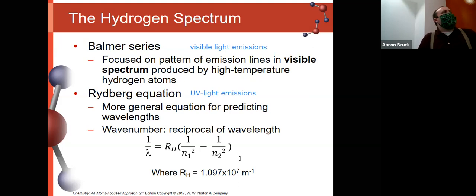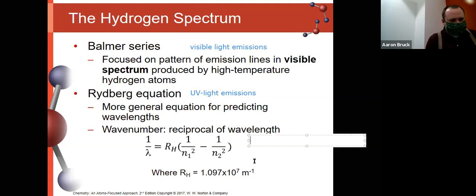Now, in both of these cases, we were able to generate a number, something called the wave number. And the wave number, which is the reciprocal of the wavelength, for a particular transition, could be predicted using this equation.